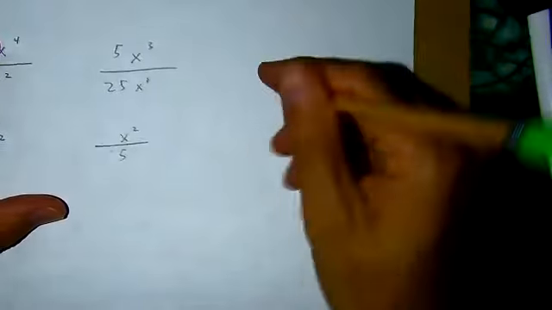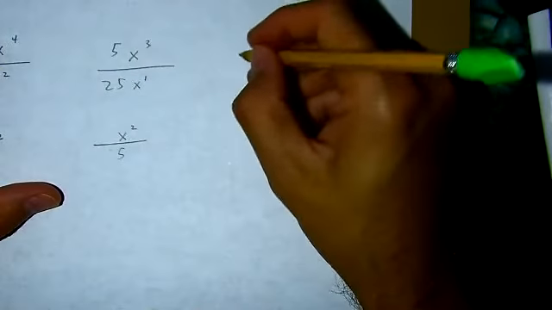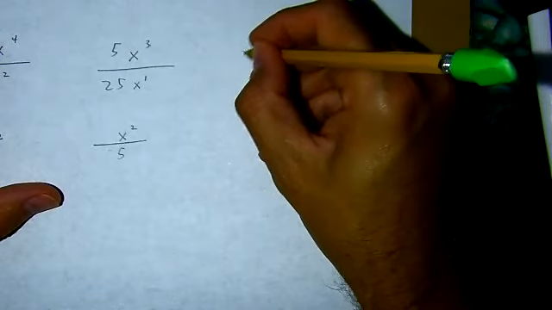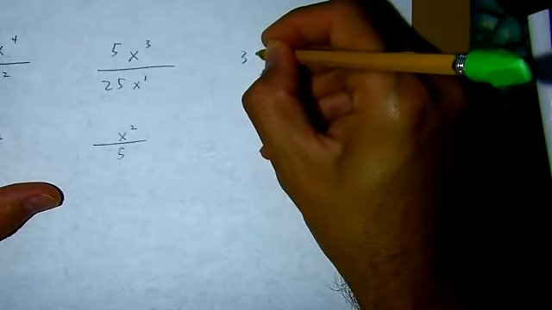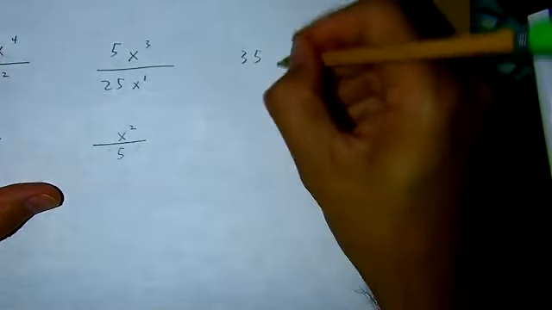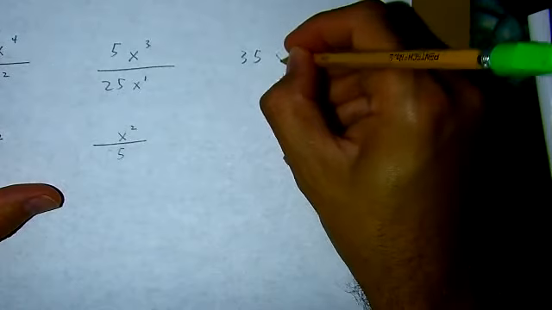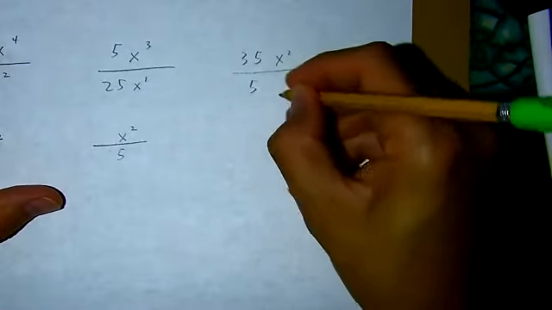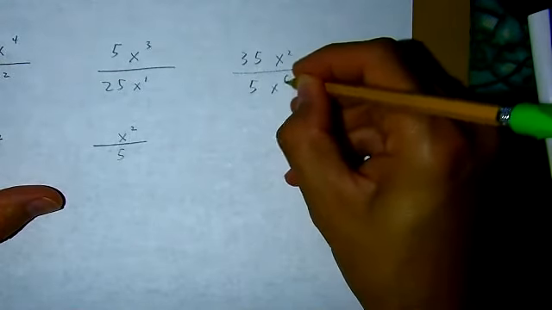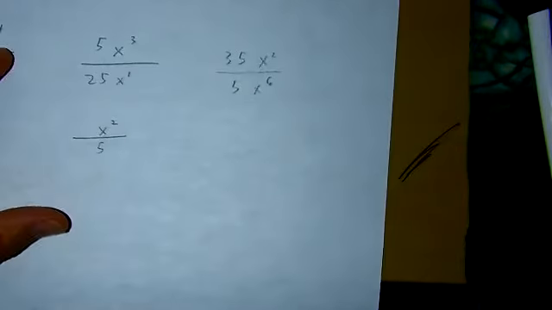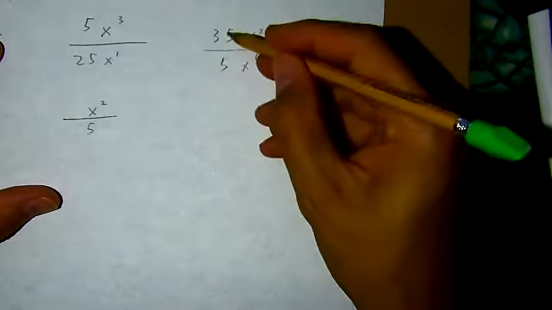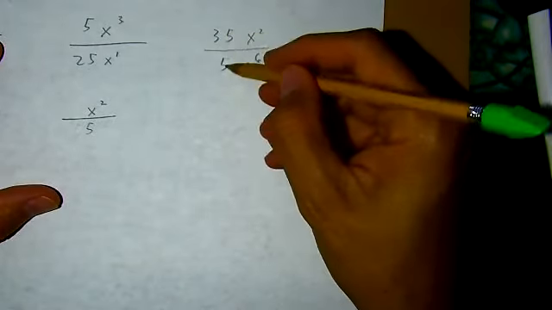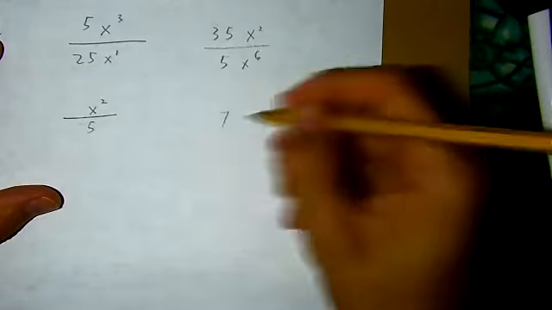Now you can have any mixture of what we just went over. Let's say we had 35 on top with x squared, and we had 5 on the bottom with x to the 6th. So you would start by doing your numbers. 35 over 5 is 7.